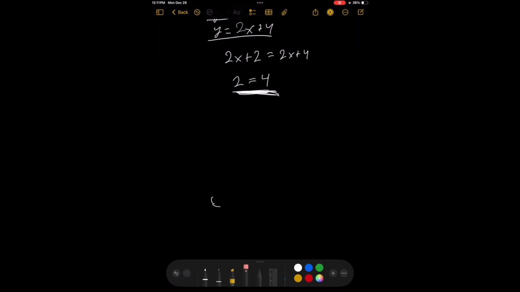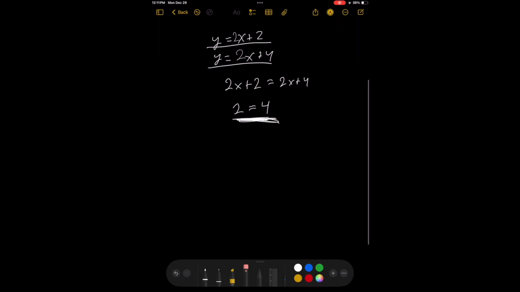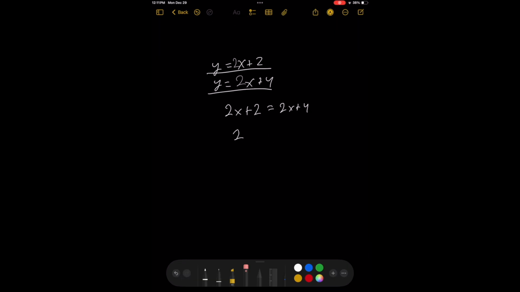But there is a case where there's infinite solutions. Now, how does that even happen? Well, let me get a practice problem really quickly. So let's say we have something like this.